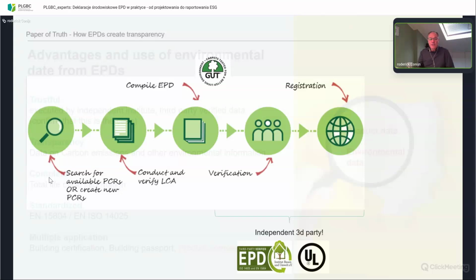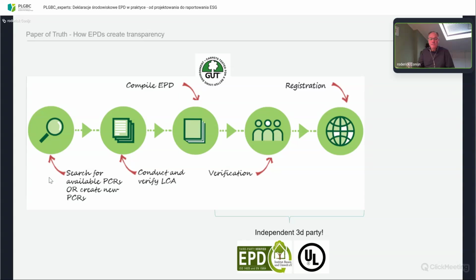To come to an EPD, in this scheme we show this a little bit. So what we do is we gather all the data from our suppliers, but also from the suppliers of our suppliers. We put that in, let's say, a simple way in a spreadsheet, and we deliver those data to GUT.